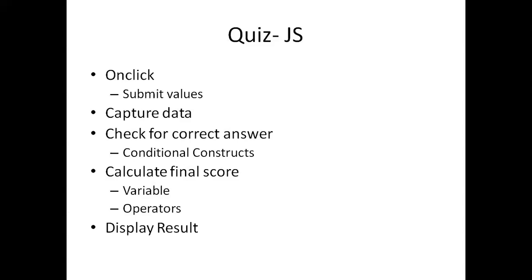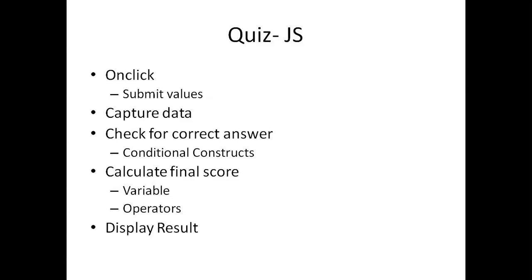That function will capture the data, and we will check for the correct answer with the help of conditional constructs. And finally, we will calculate the score. The score will be calculated using a variable and operators. Because there is a calculation, we will be using an assignment operator and an arithmetic operator. Then finally, we will display the result.